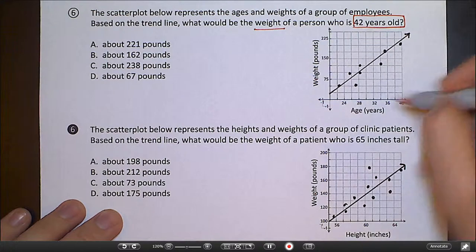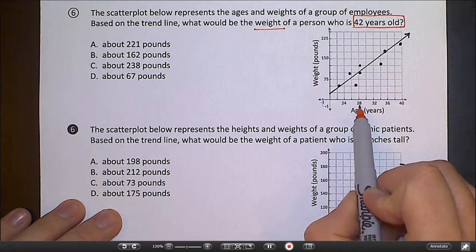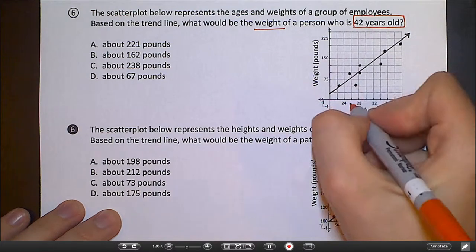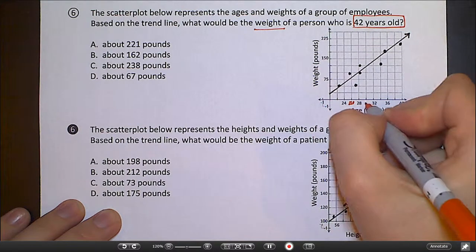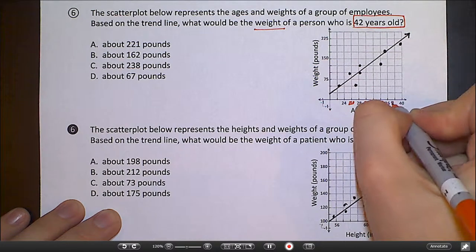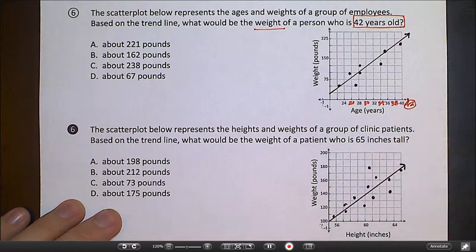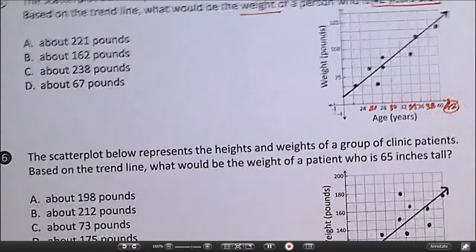So I'm going to look here and I see, okay, this is 24, this is 28, so then this would be 26, 30, 32, 34, 36, 38. So 42 would be one more line over. That would be 42. I know that's kind of hard to see.